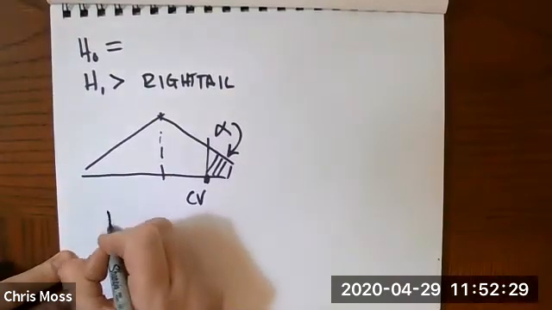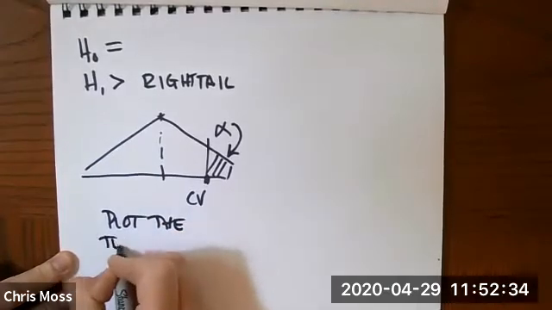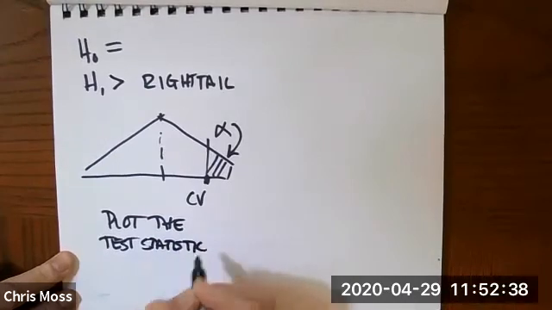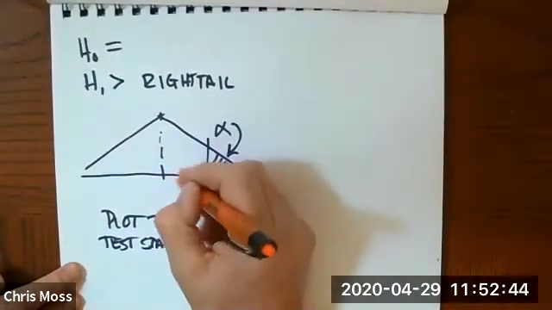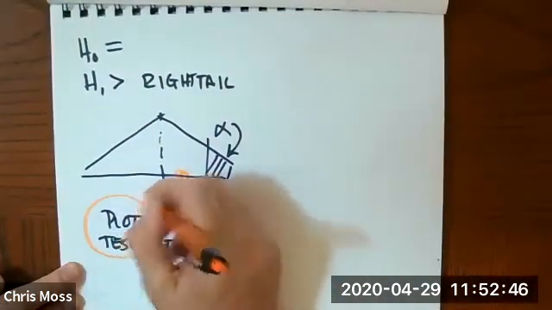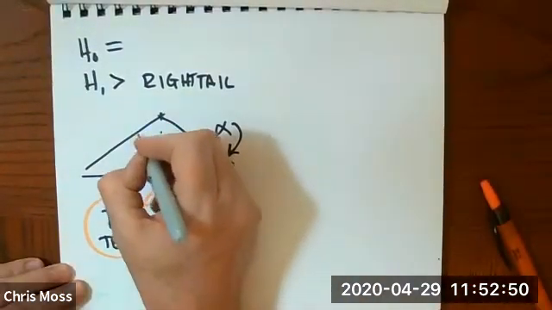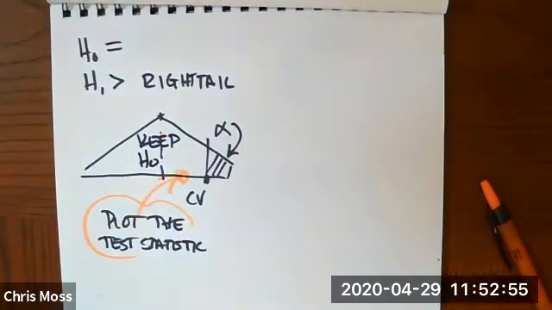And then I'll go ahead once again and plot the test statistic. And again, there's a couple of places that it might fall. If it falls in this region, we're going to go ahead again and keep the null hypothesis.